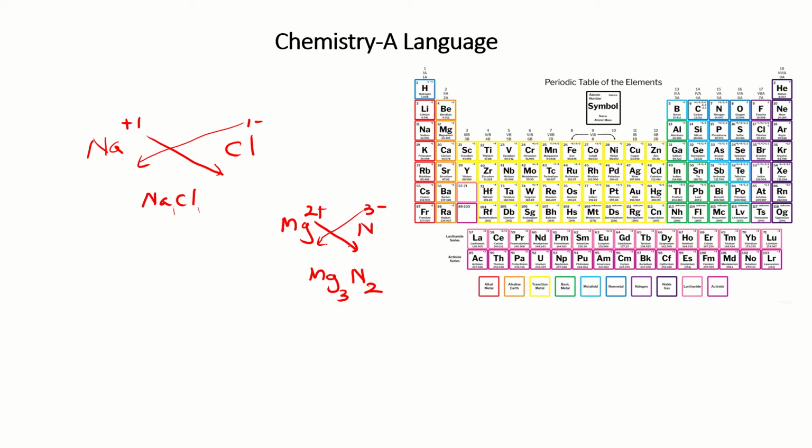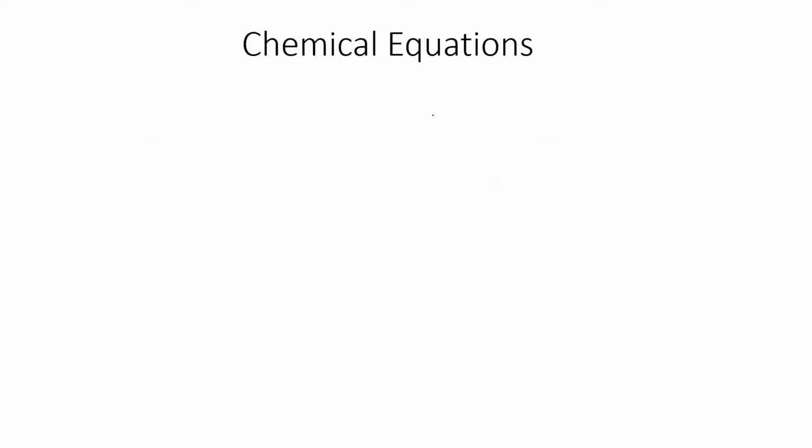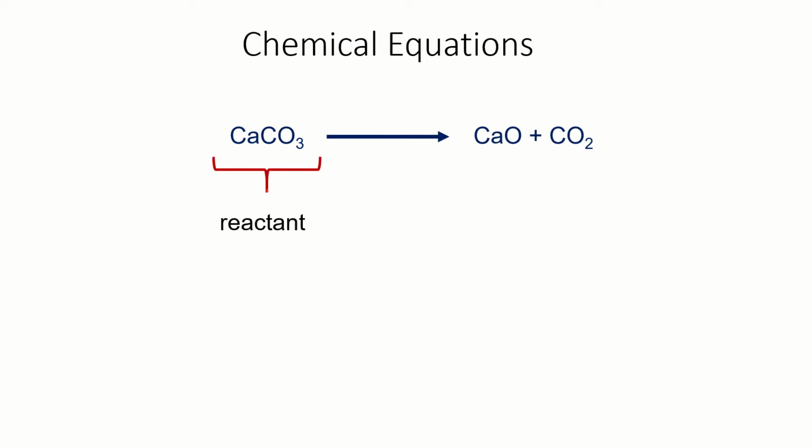So writing this formula is like using this language to write words, and writing chemical equations is like writing sentences using these words. In these sentences, we have two basic components: reactants on the left side of the equation and products on the right side of the equation.